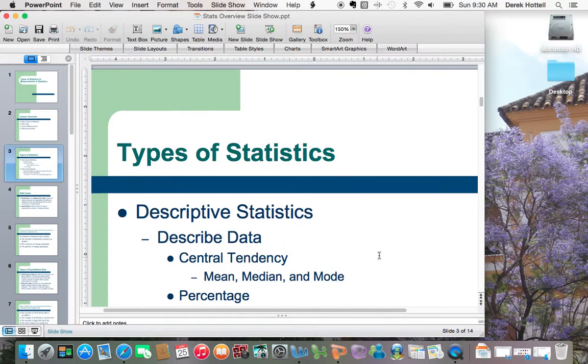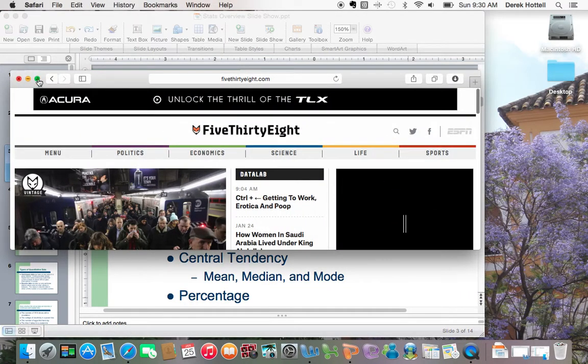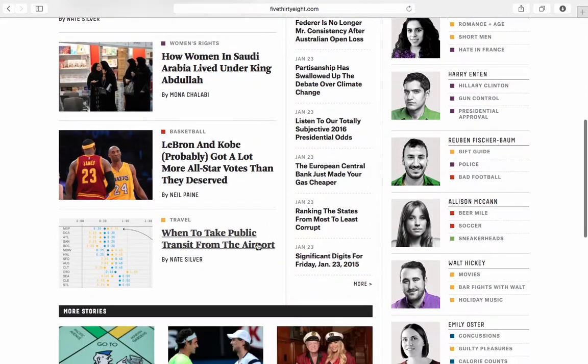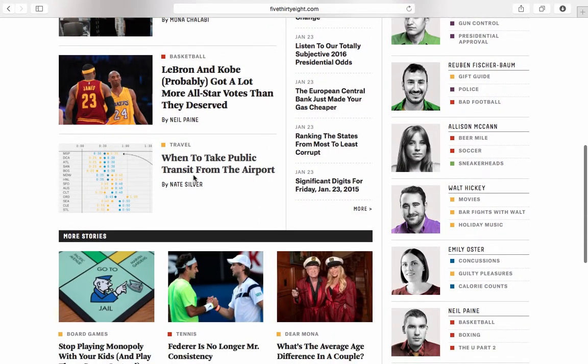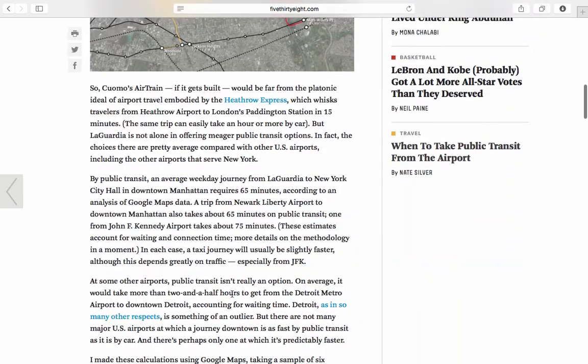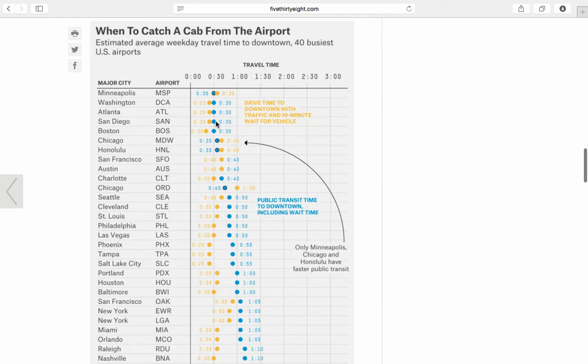A good example also is the 538 blog. If any of you have looked at Nate Silver's 538 blog, all the information on there is, for the most part, inferential statistics. So let's look at when to take public transit from the airport. It's really unlikely that Nate Silver and his staff calculated every single time that every single person went to the Minneapolis airport to figure out when you should take a cab.